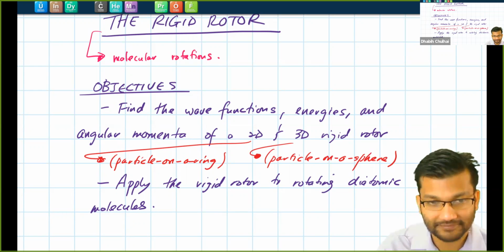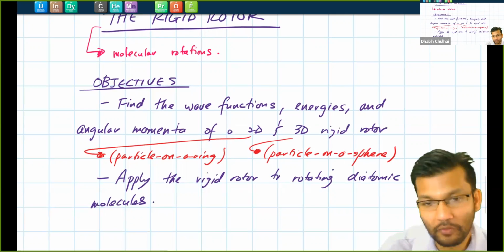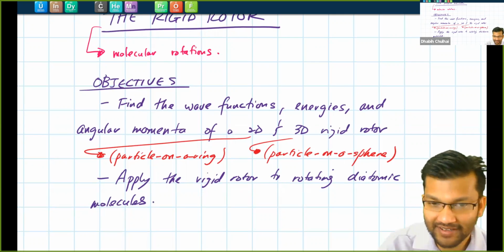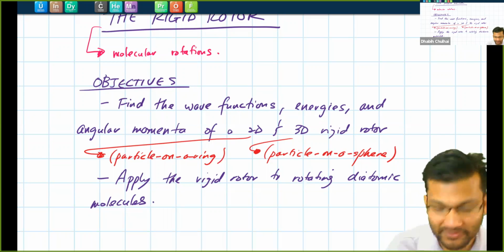So let's look at molecules rotating. Let's start with 2 dimensions. And why we don't have a one-dimensional rigid rotor is because how do you rotate in 1 dimension? That doesn't really make sense. So we have to start with 2 dimensions.